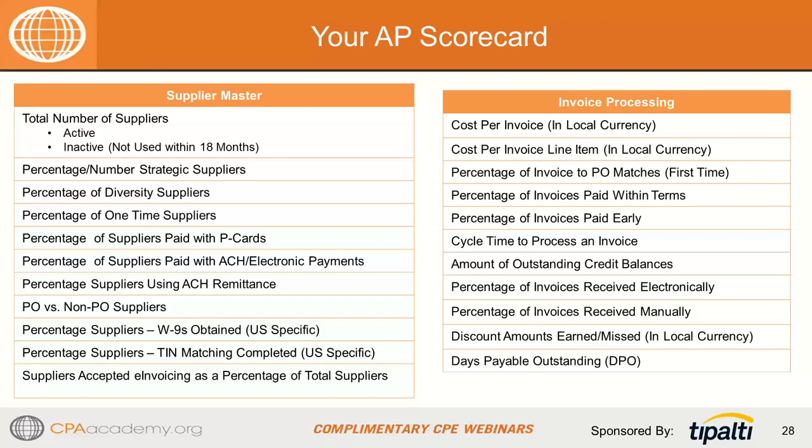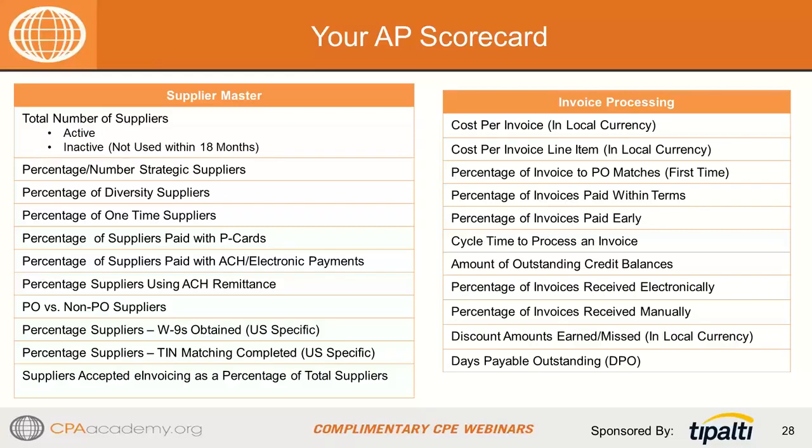Now, if we look at invoice processing, and we'll see some of this when we get to the time savings calculator, we look at cost per invoice, cost per line item, percentage of invoice to PO matches, invoices paid within terms, invoices paid early, cycle time to process an invoice.